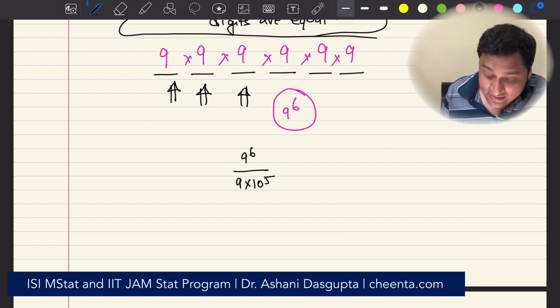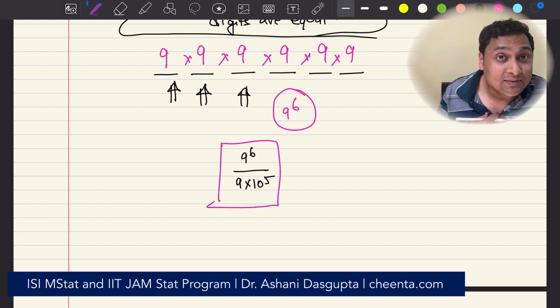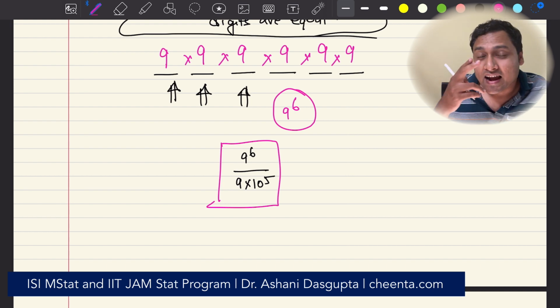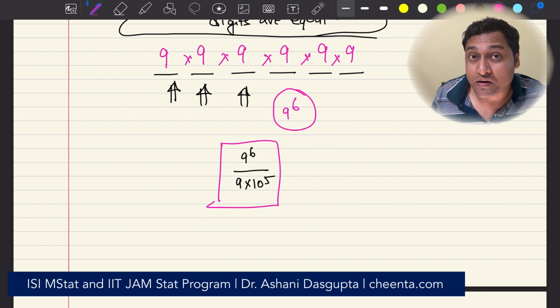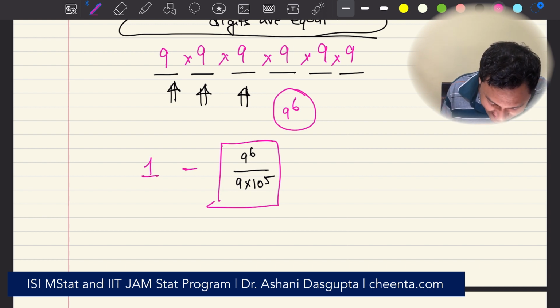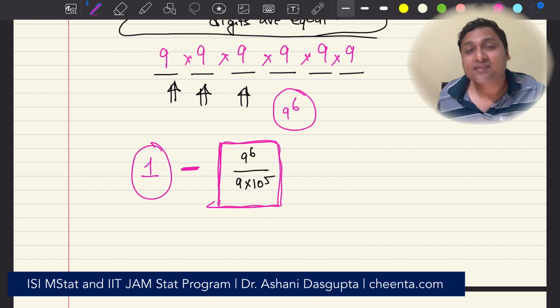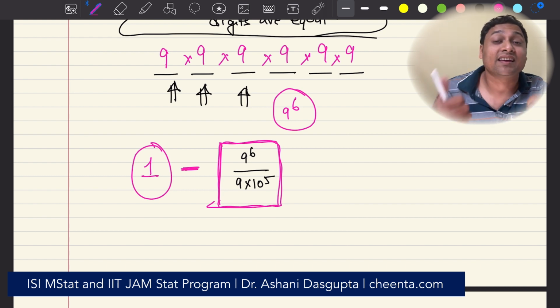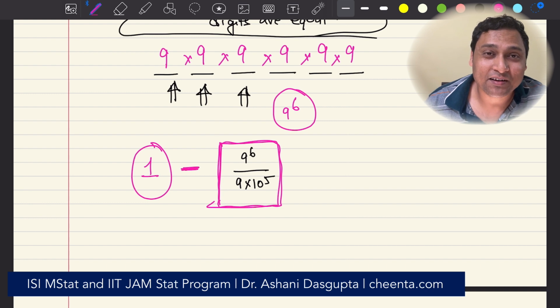The case that we actually want, where two consecutive digits are repeated or 3 consecutive digits are repeated and so on, is 1 minus this particular thing. 1 is everything, minus the probability of that thing not happening, right? So this is called the method of complements.